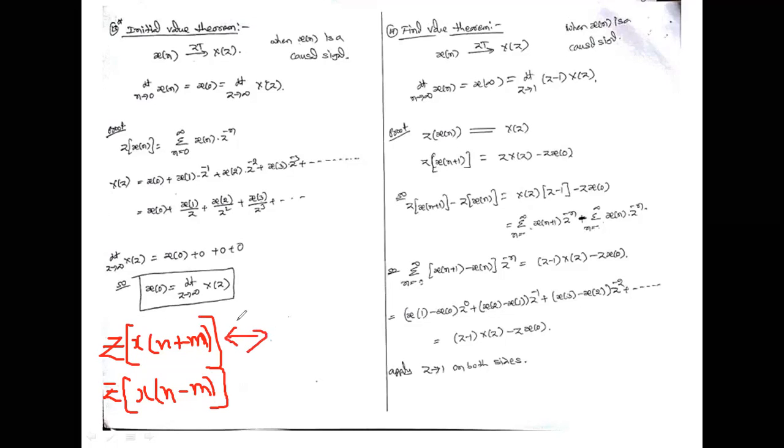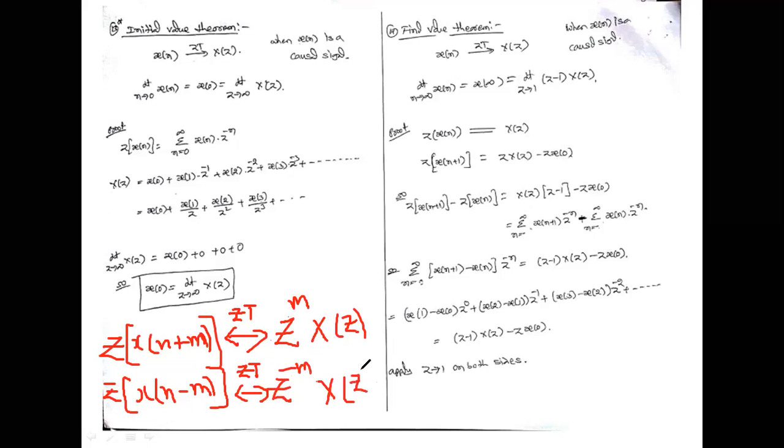What is the Z transformation for this as bilateral? Simple, it is z power, for negative values of m it is a positive power of X(z), and for positive values of m, the negative powers of z times X(z).